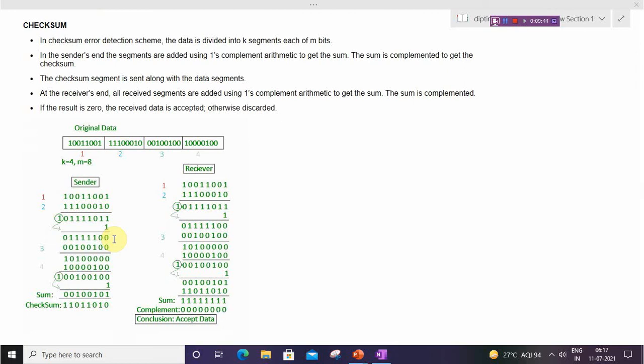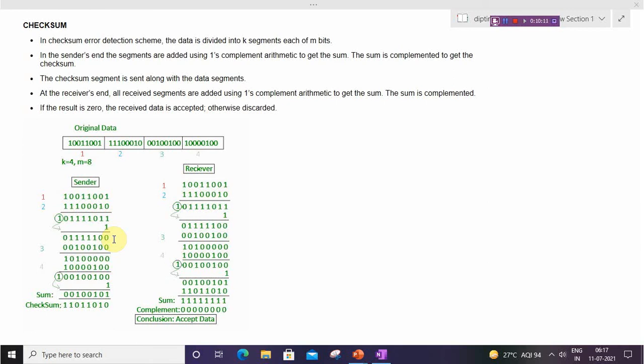In checksum error detection, the data is divided into k segments, each of m bits. At the sender end, the segments are added using 1s complement arithmetic to get the sum.